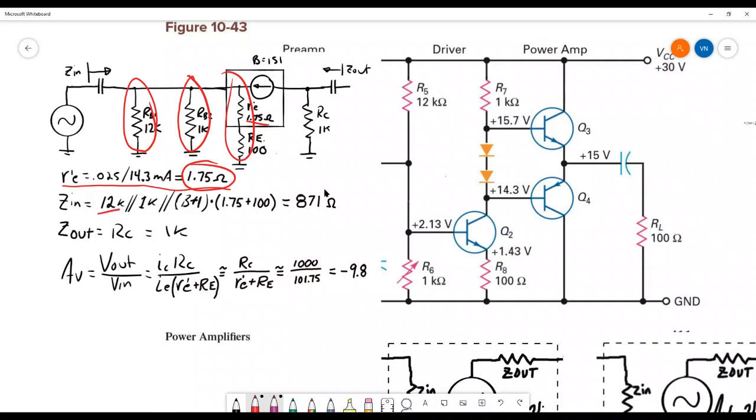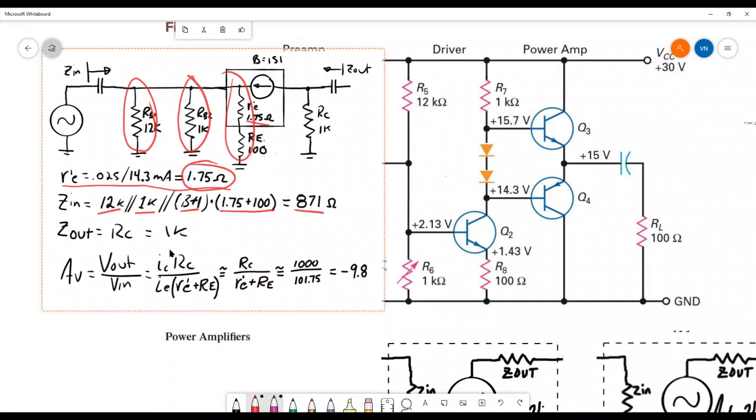So our 12K, parallel with 1K, parallel with 101.75 times beta plus 1, worked out to 871 ohms. Zout is the impedance looking back from the load. So Zout you would say is basically RC, that's 1K.